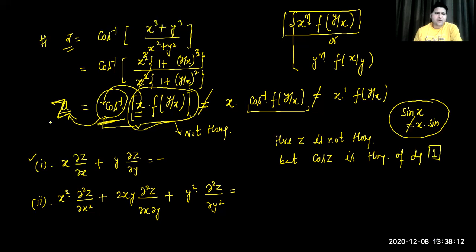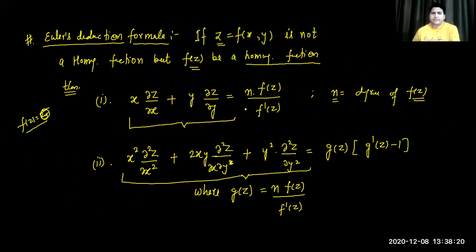Because if I am taking cos on this side, it will be x power 1 into function of y over x. And this is the same as the result of the deduction formula. Just see, z is not homogeneous, but f(z) is a homogeneous function. Then this result is applicable.